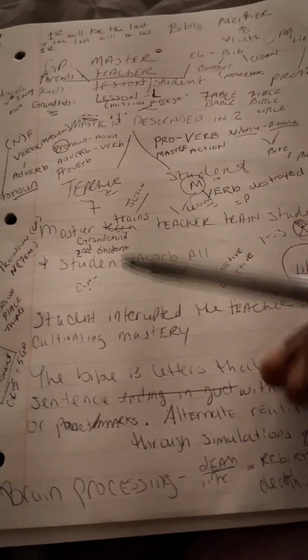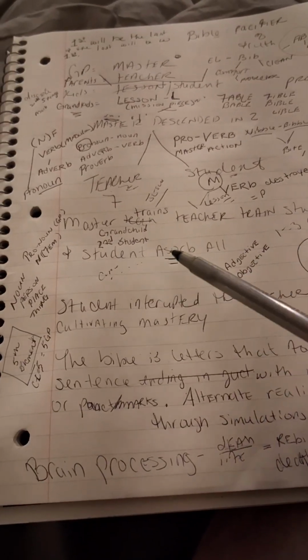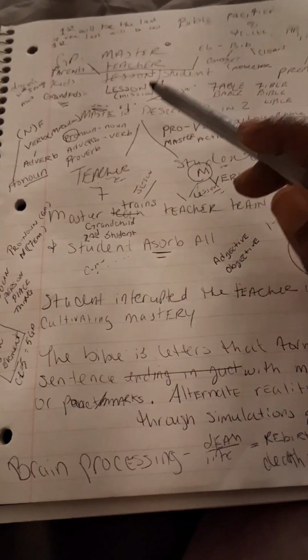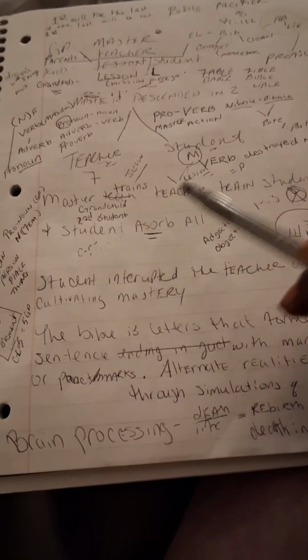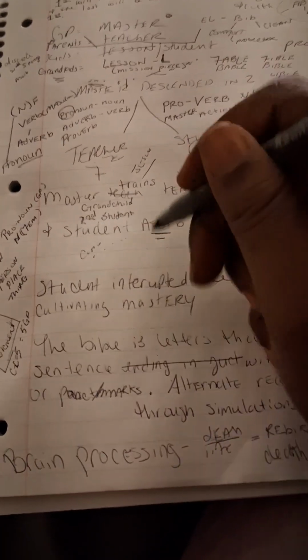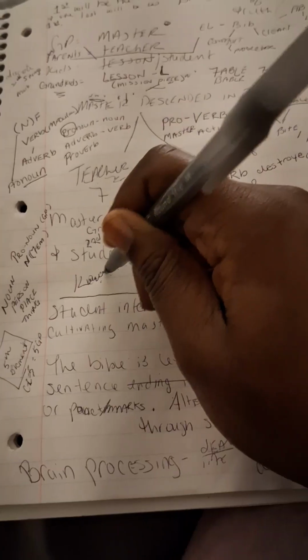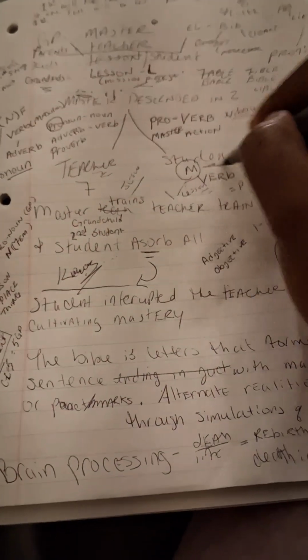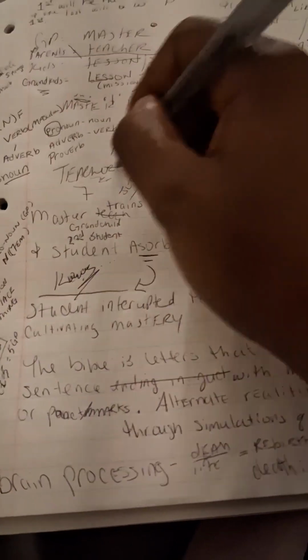But then the master trains the teacher, the teacher trains the student, and then the student absorbs it all and then passes on the lesson. That's the way that life is supposed to go. Remember I told you about the kidney stone in Sodom and Gomorrah. The student didn't want to pass on a lesson. They shared the crown. It was an even space.